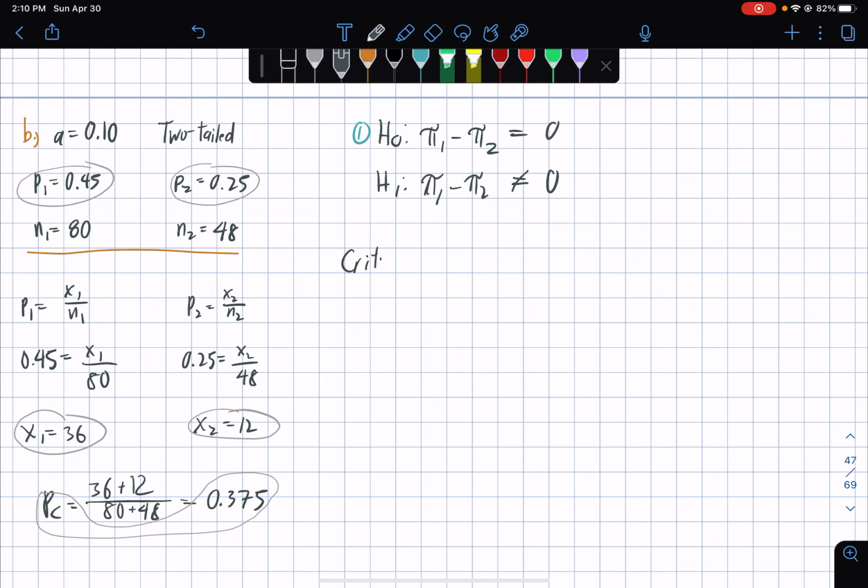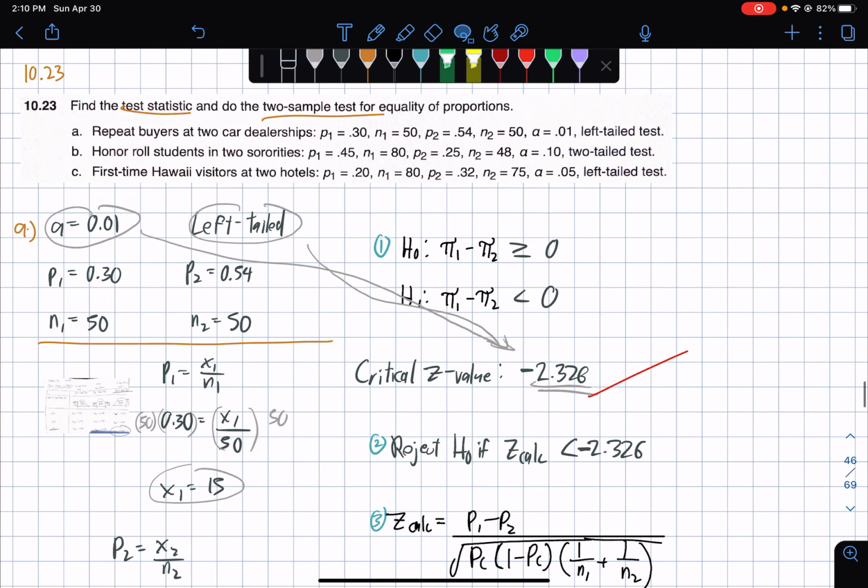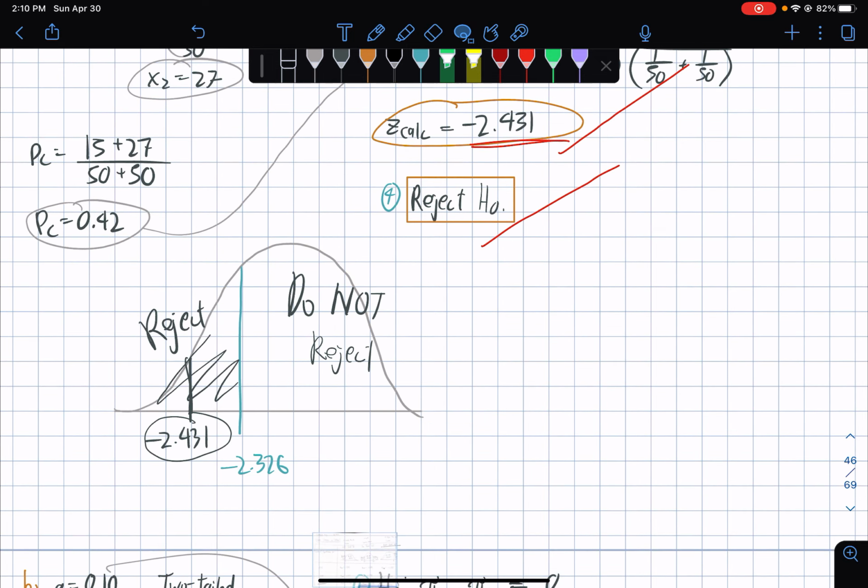Let's find the critical z value. Because this is a two-tailed test, alpha will be alpha over 2. That means 0.10 will be 0.10 divided by 2, which is 0.05. So it's 0.05, and the fact that it's a two-tailed test, let's bring out the sheet from a while ago.